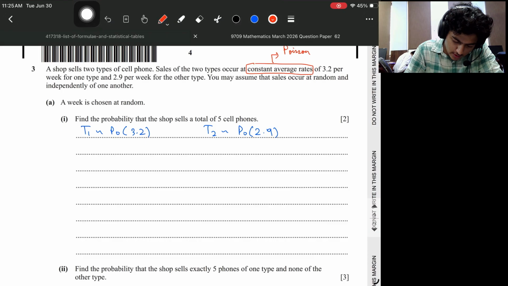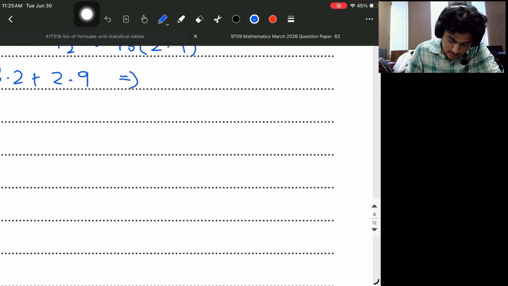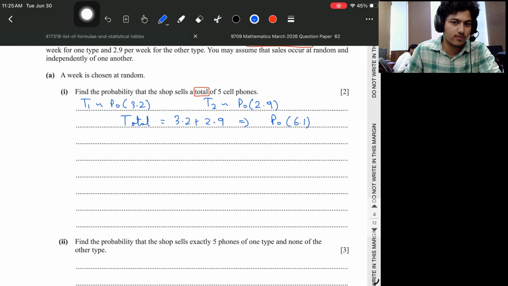Whenever you have the word total in your question, only one thing should come to your mind: you are going to add both of the means, or both of the lambdas, together. So this will just become 3.2 plus 2.9, which adds up to a Poisson distribution with mean 6.1.